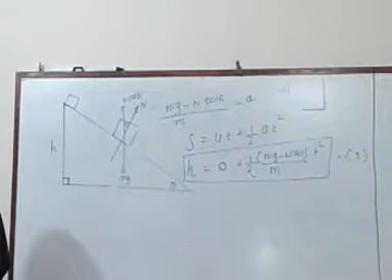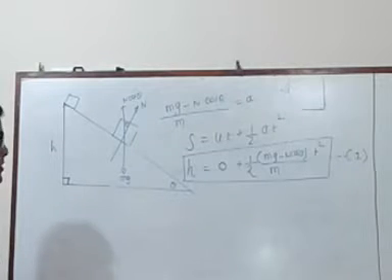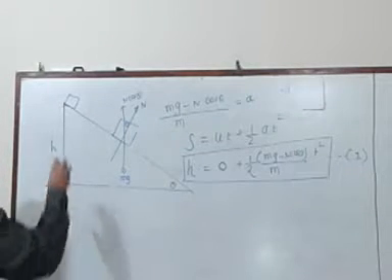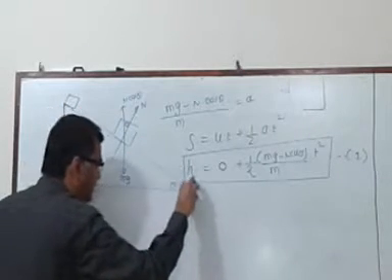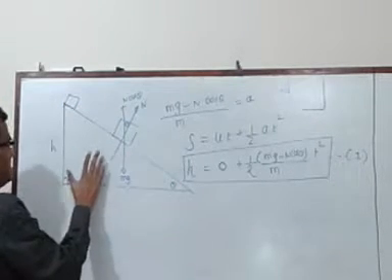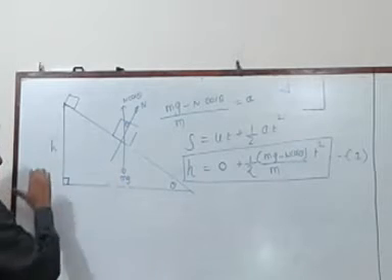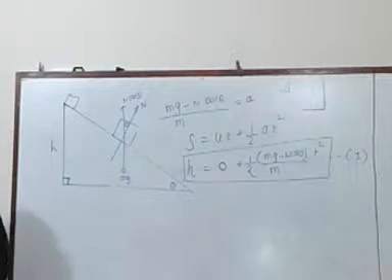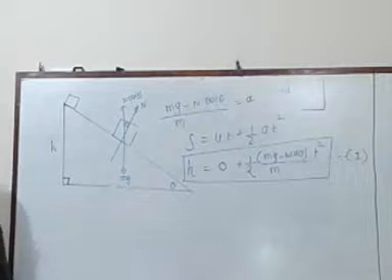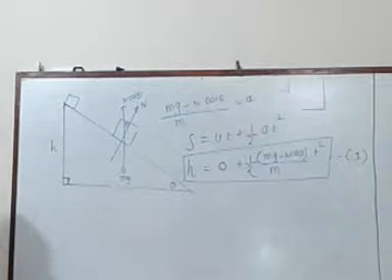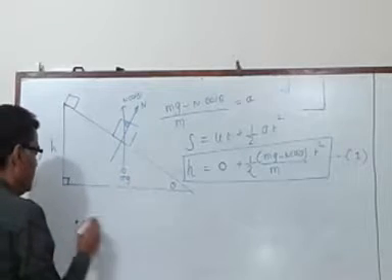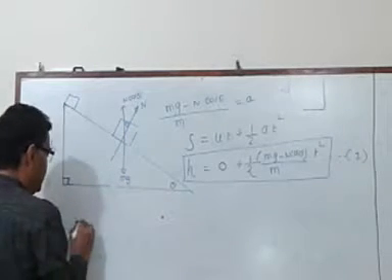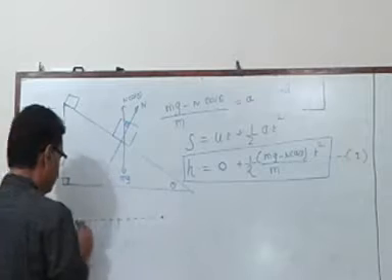This procedure that we are going to follow now is slightly lengthy because now I am going to find out, by the time the block reaches from top to bottom along the incline, by how much does this wedge move to the left. And for that we have to use the principle of conservation of momentum. Actually, I have already discussed this funda, that when there is no external force acting, the center of mass remains constant.